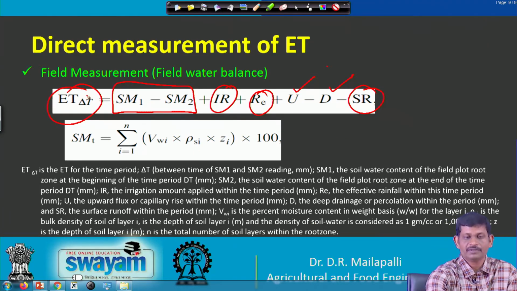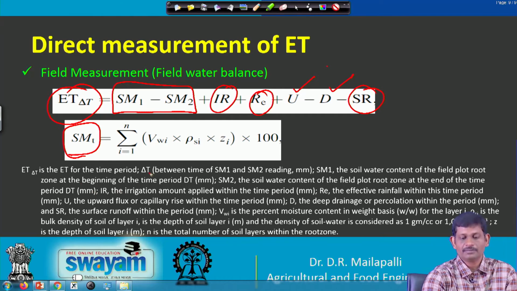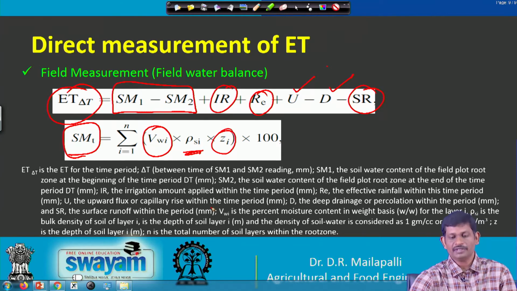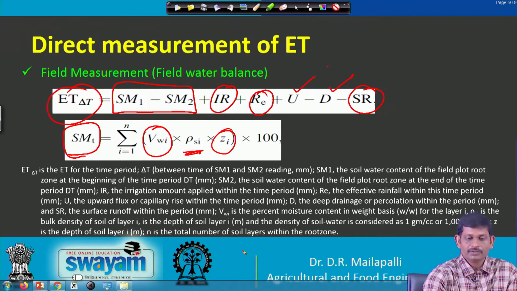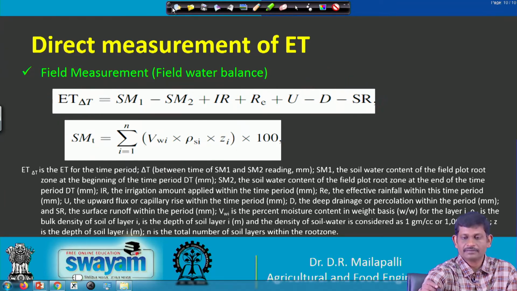Knowing all the other parameters, you can estimate evapotranspiration, whereas soil moisture can be estimated using the volumetric moisture content multiplied by the density and the root zone depth. This is the direct estimation of ET from the water balance equation.